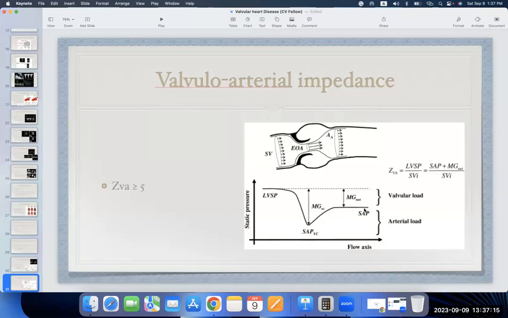It's very important to know that if you have a patient coming with a very high systolic pressure, the measurement of the aortic valve will not be correct and will be inaccurate. So it's very important to control the blood pressure and then redo the echo to check the aortic valve accurately.